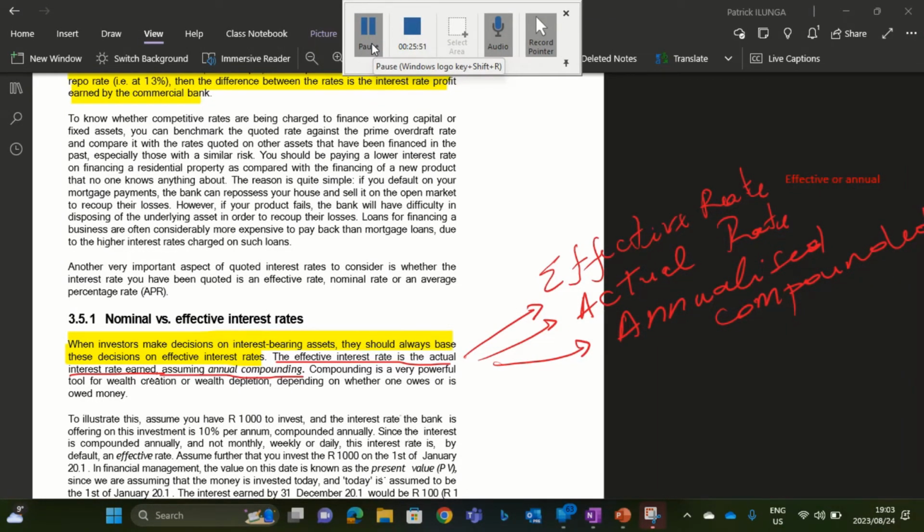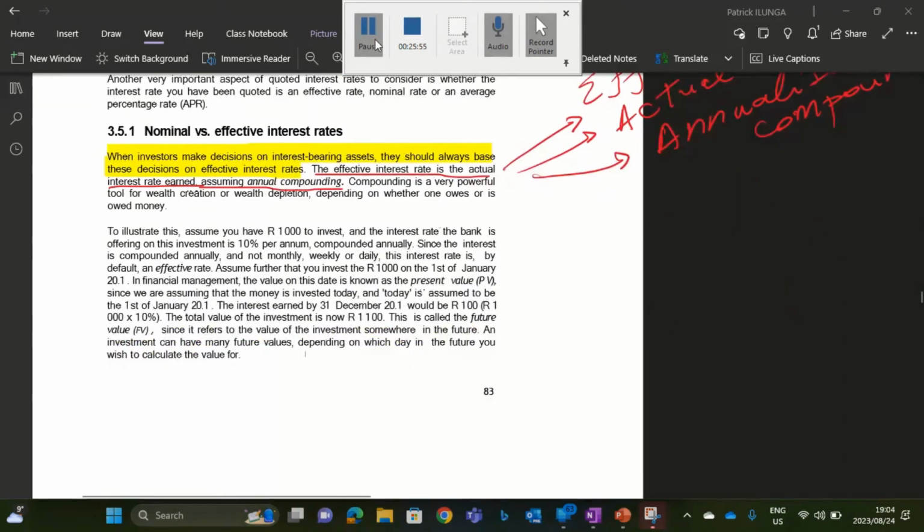We now need to find the effective interest rate. As a finance student, it comes to that point where you need to understand the compounding or the compound effect, which is a very powerful tool because it is to the power, right? It is a very powerful tool of wealth creation or wealth depletion.